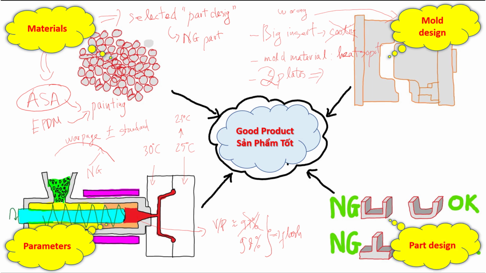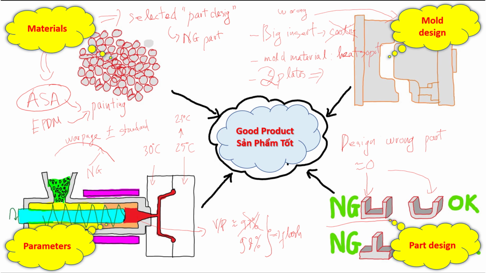And coming to the final factor, it belongs to part design. It means you already designed the part wrongly or did not follow the design standard. On the screen here, you can see that with the NG part, it means you designed the draft angle equal to 0 degrees. In this case, how do we make it okay?